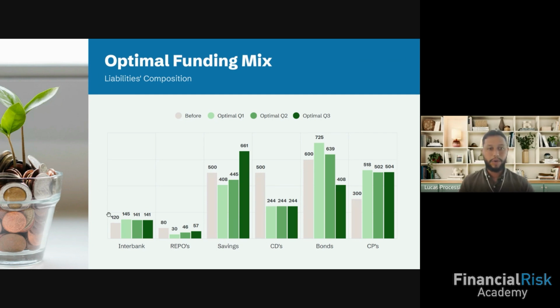Okay, so here we have the breakdown of the liabilities, of the optimal liabilities for each one of the periods, right? So it is a projection that can also be used in order to calculate the expected cost of funds, the cost of funds curve, and also be used in the FTP calculations.